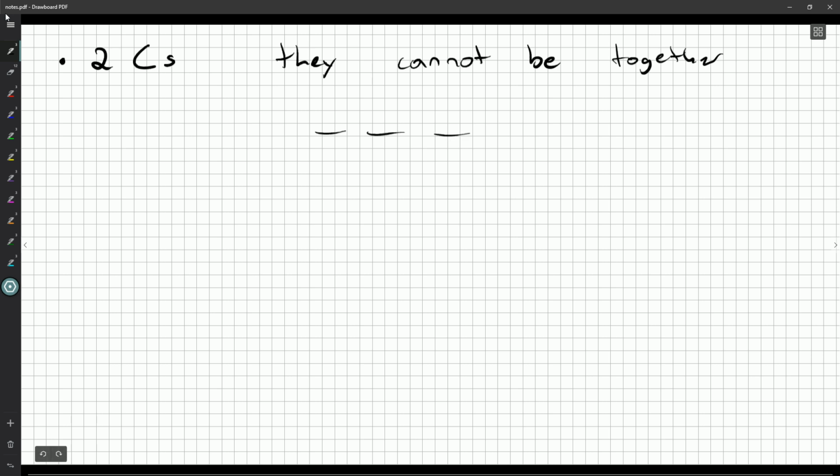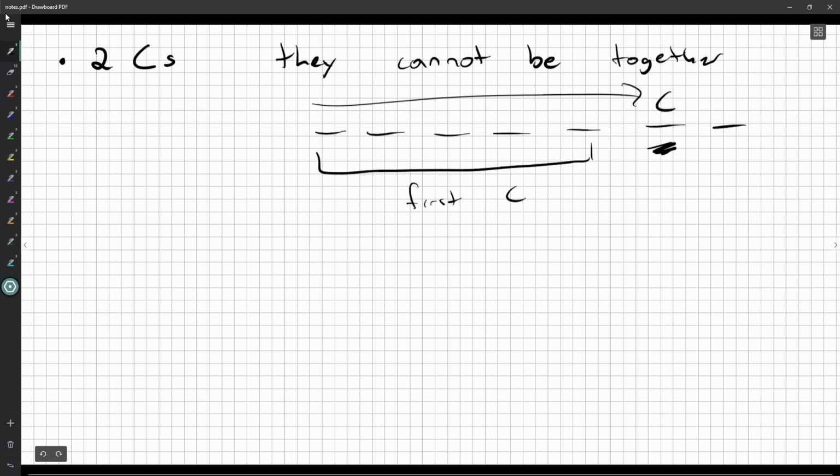Well, where can I place the first C? The first C can go in any one of these spots. It can't go in the last spot because if it's the first C I read from left to right, it would have to go here, and then the next one would have to go here. And then I'd have CC as a substring. So the first C could be placed in the first 5.